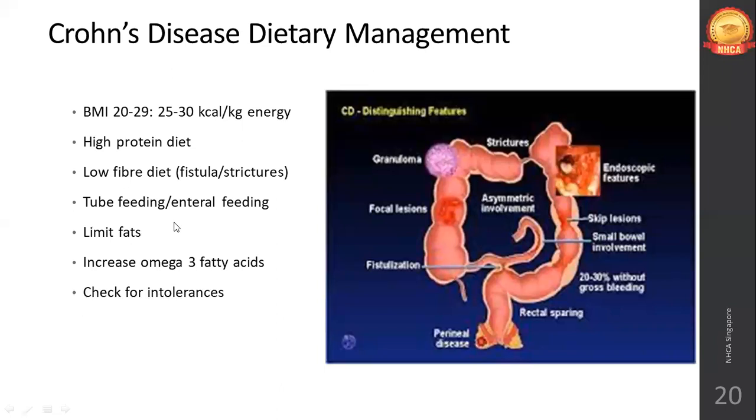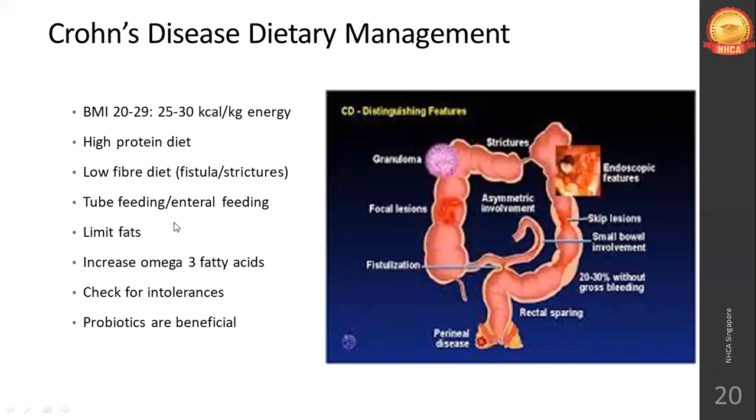Check for intolerances. A food intolerance test can be done. Okay, so any food that is triggering the current situation could be completely restricted. Probiotics are beneficial here. Probiotic rich foods like yogurts, okay, kefir yogurt, Yakult, okay, these are probiotic rich foods.